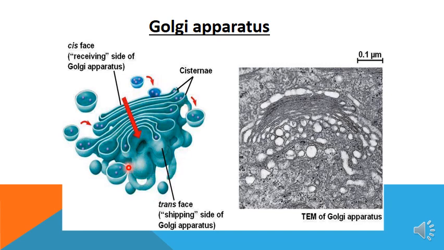This is a diagram, an EM picture of the Golgi apparatus. This is the cis face, which is the convex face, and it contains transfer vesicles. These are the channels of the Golgi apparatus, which are called sacules. This is the concave surface of the Golgi apparatus, which is called the trans face, and these vesicles are called secretory vesicles.